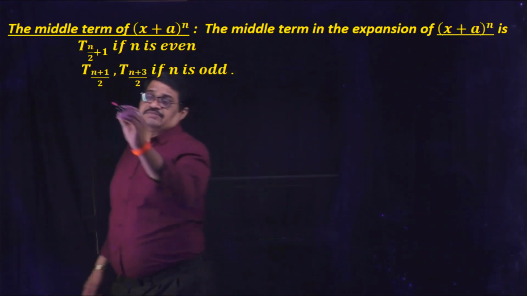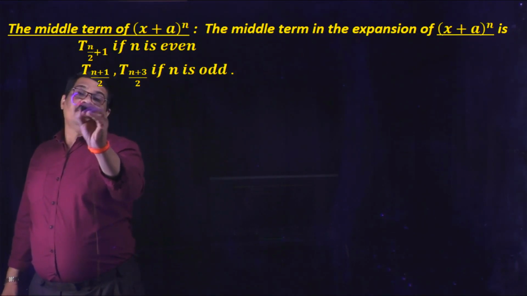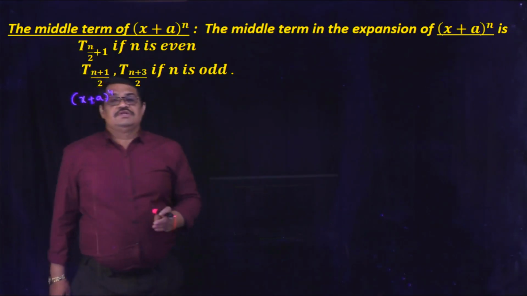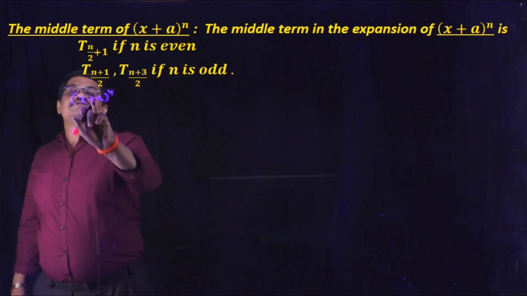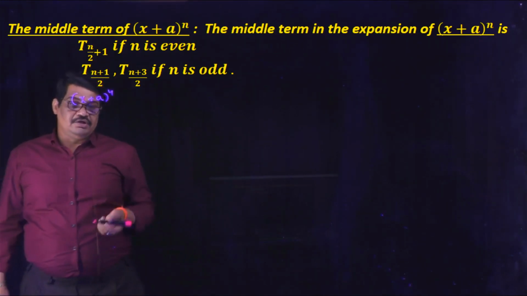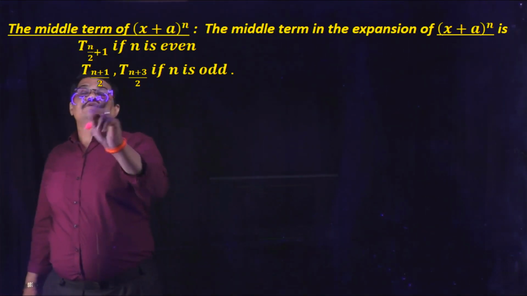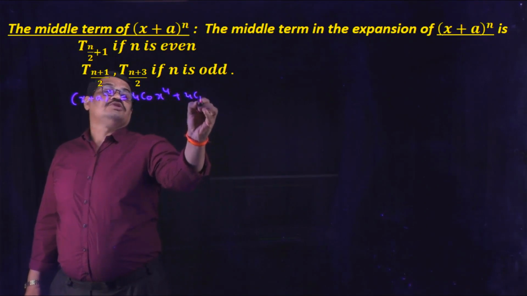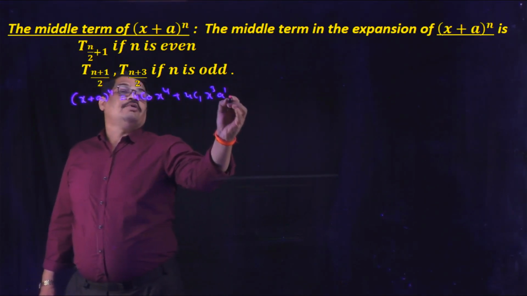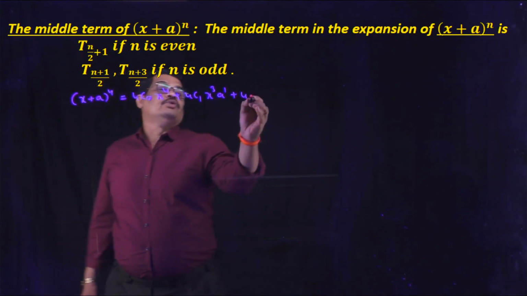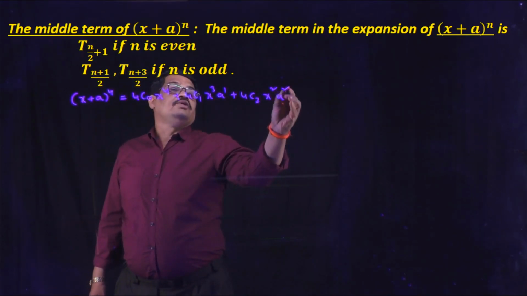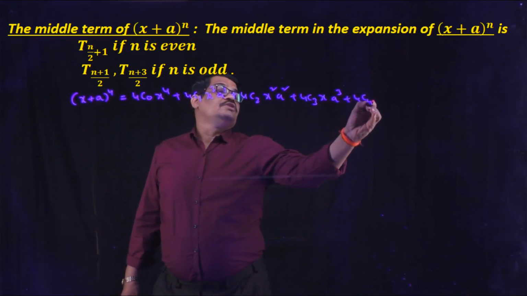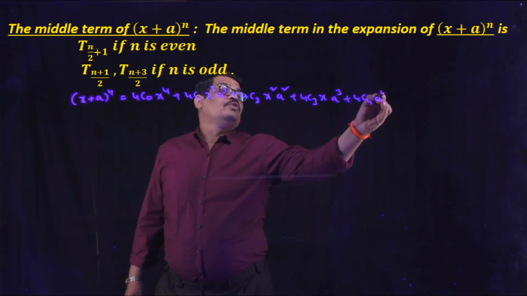Observe this expansion. Suppose (x plus a) whole to the power of 4. In this expression, the index is 4, which is an even number. What is the expansion of this one? That is 4C0 x to the power of 4 plus 4C1 x cube a power 1 plus 4C2 x square a square, 4C3 x a cube and 4C4 x power 0 a to the power of 4.